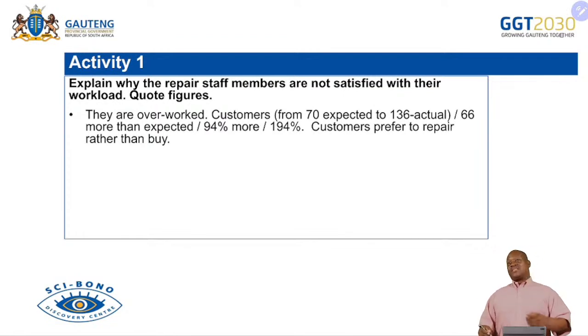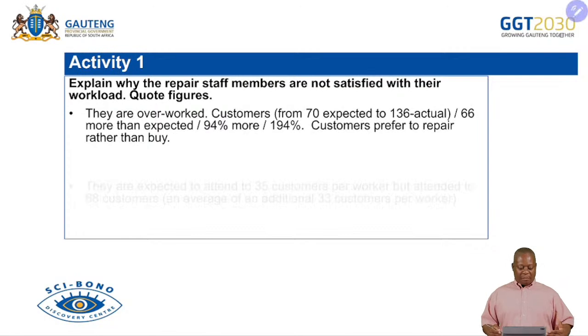So it therefore means we would rather decrease the sales staff because people are not buying, and increase the repair staff. Why? Because people are preferring to repair than buying. Hard times call for hard measures.